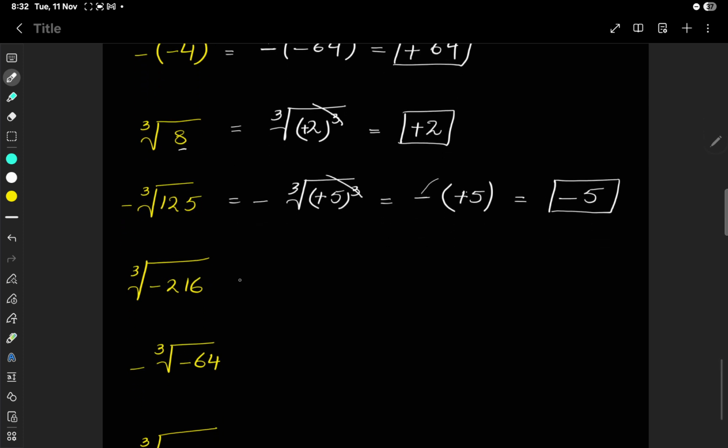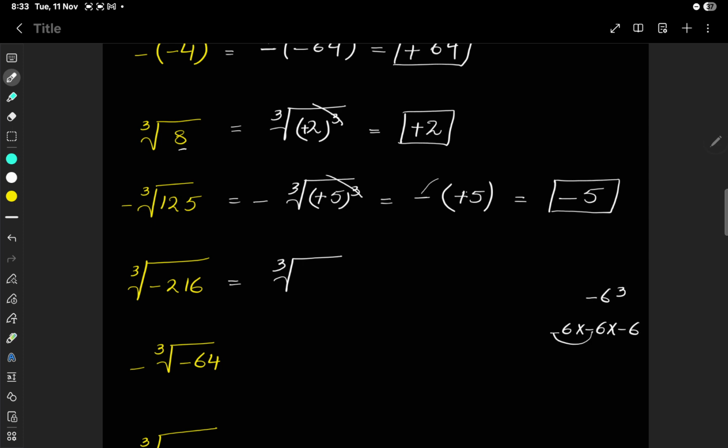Right? In the next case, cube root, and now we have to see minus 216 is the cube of what number? This is a negative number. So we will see minus 6 multiplied by minus 6 multiplied by minus 6. I'm taking minus 6 cube, right?